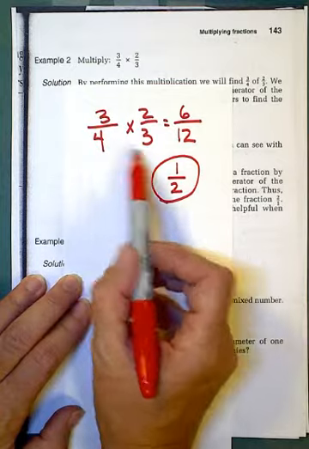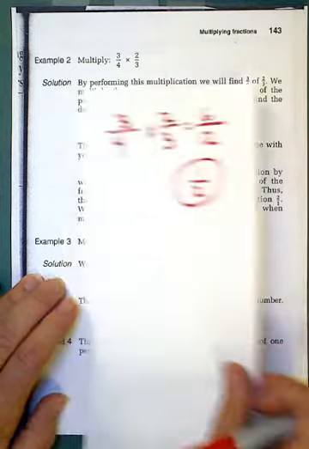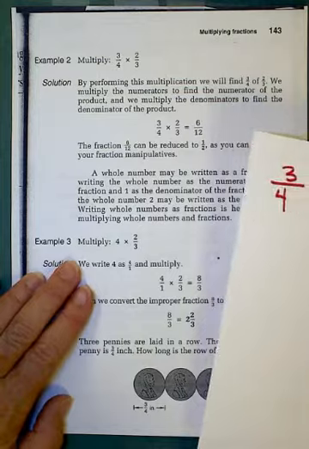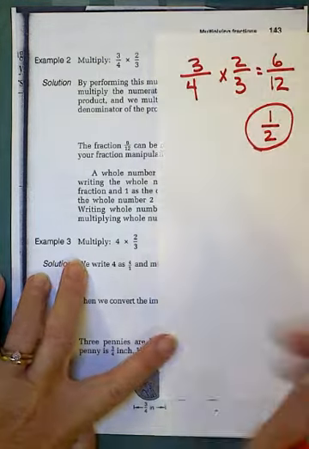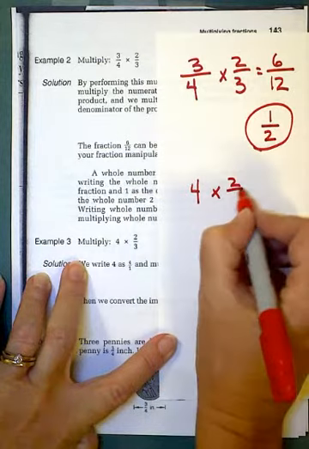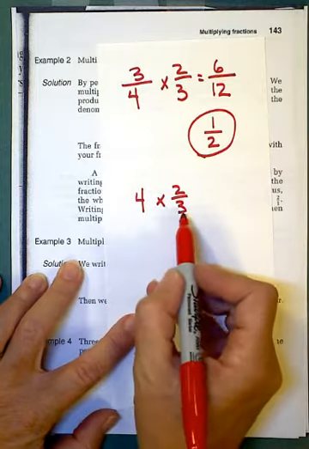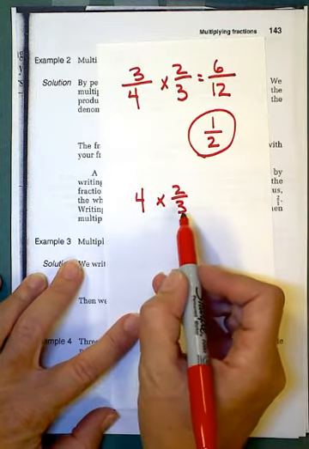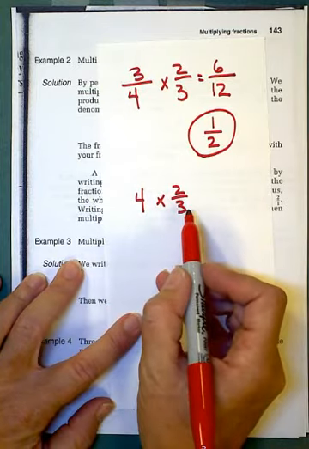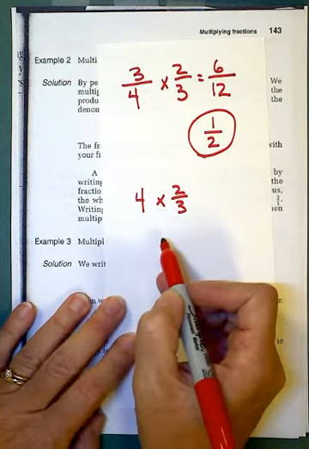Let's look at example 3 together. In example 3, we're asked to multiply 4 times 2/3. In this case, we have a whole number and a fraction. The process for multiplying the fractions is still the same. It might be helpful for you to rewrite this problem, turning 4 into its fraction form.